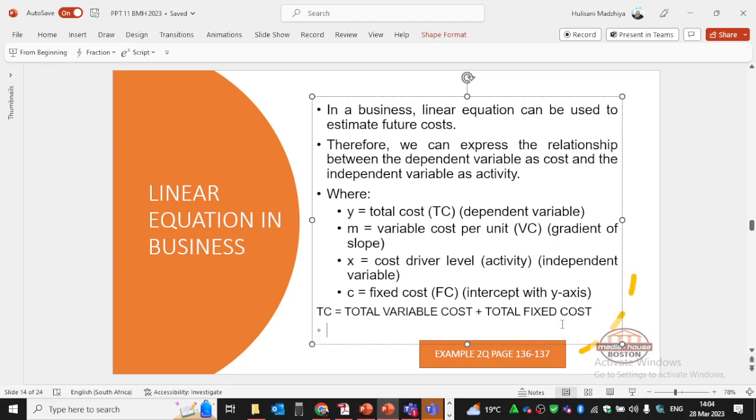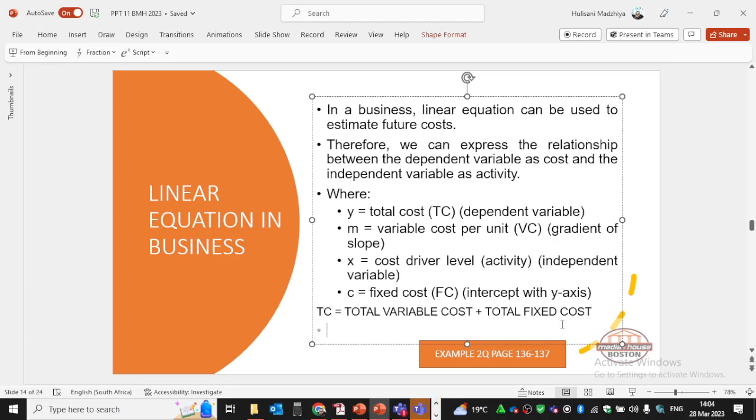Any cost that is related to the manufacturing of the product or bringing the product to the business, we call a variable cost, because that cost can change anytime. For example, if you're in retail, you buy and you sell. The cost of buying and bringing that item, including the transportation cost, will be your variable cost.